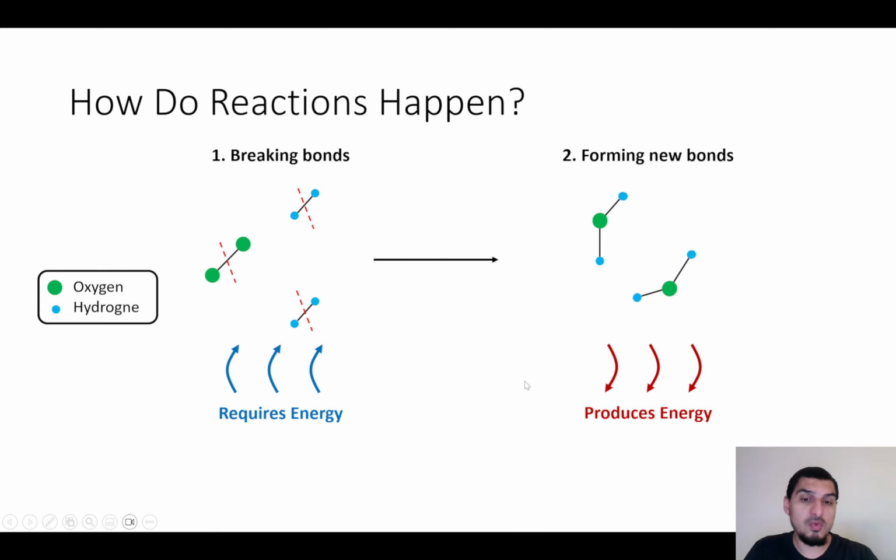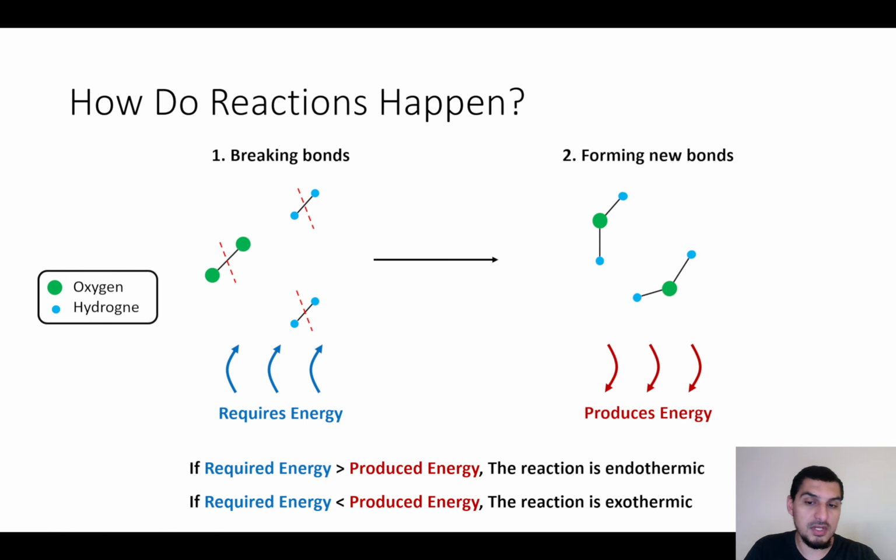And this is what we call endothermic or exothermic reaction. The exothermic reaction is an energy producing reaction, and this is because the energy produced by the formation of new bonds is more than the energy absorbed by or required to break the bonds, and the opposite.